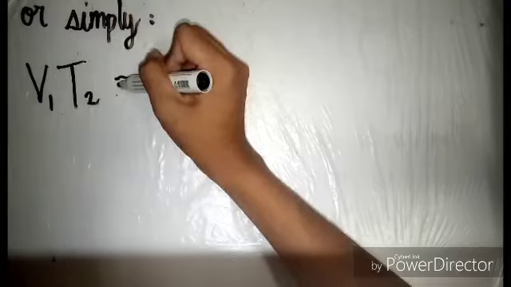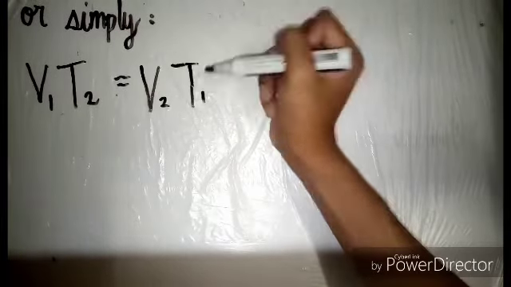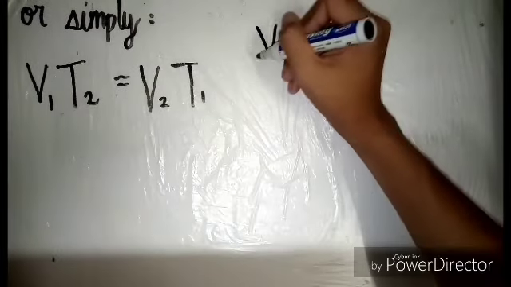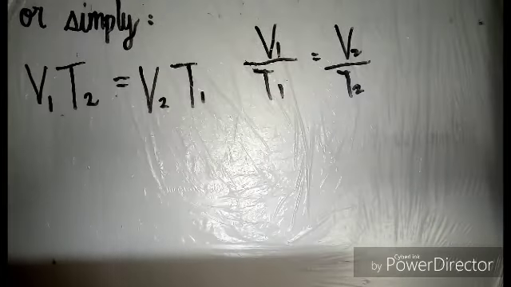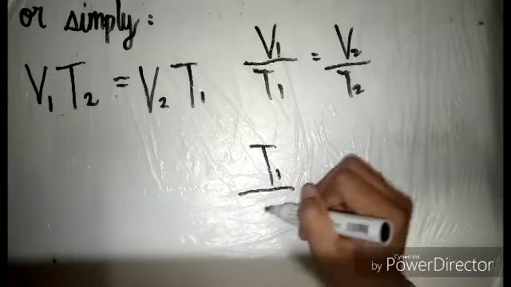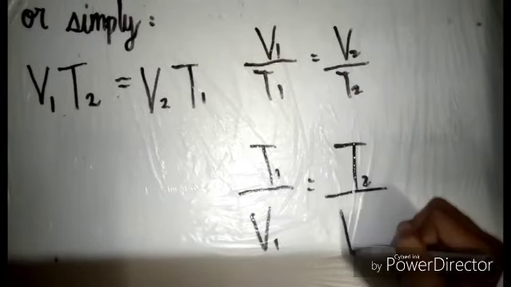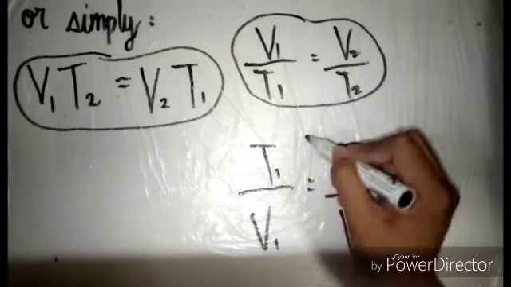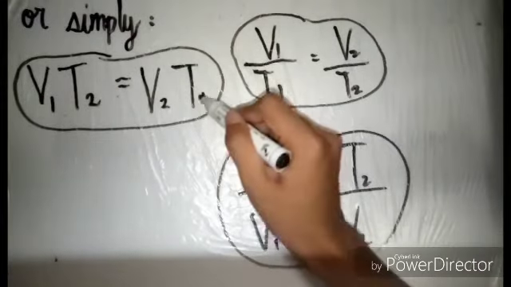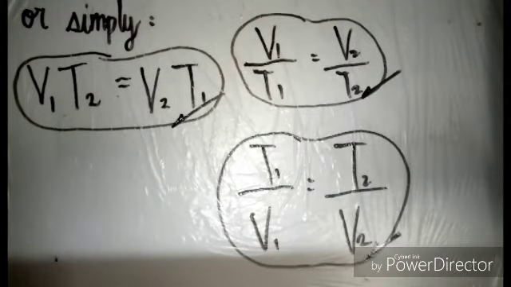Or simply, first volume times the second temperature equals the second volume times the first temperature. Or you can transform this into a fractional form. In this video, we will use the second formula.